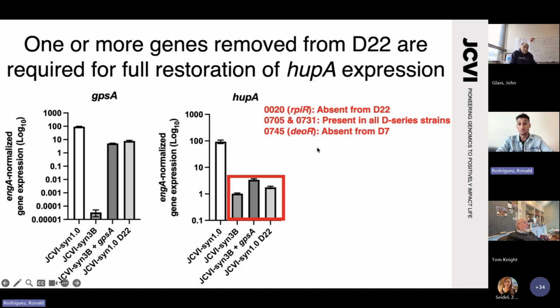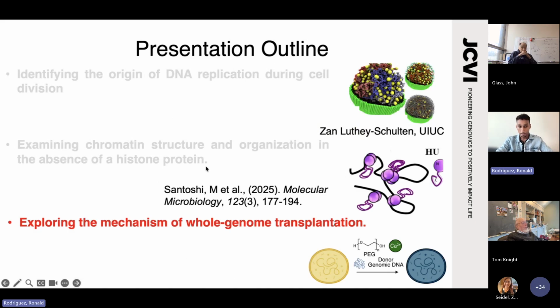And then the other transcription regulator has been removed from D7, which I haven't tested yet, but I'm definitely going to do that. So based on all of this data, we have accumulated a few candidates that we think are very interesting, and we're definitely going to follow up on this stuff. So I'm really excited about that.